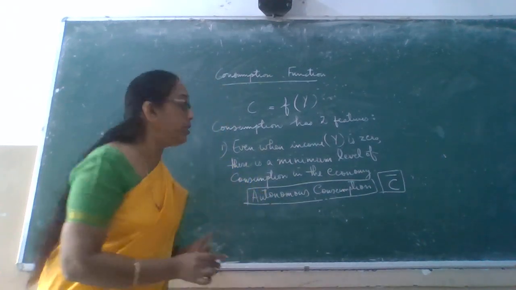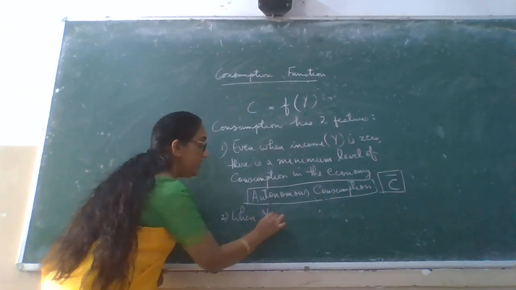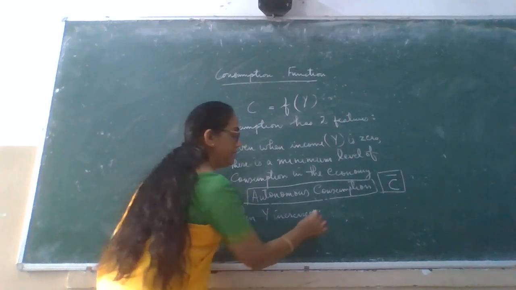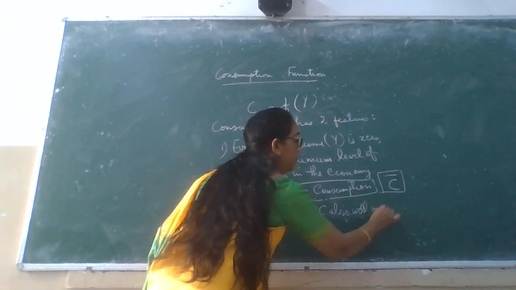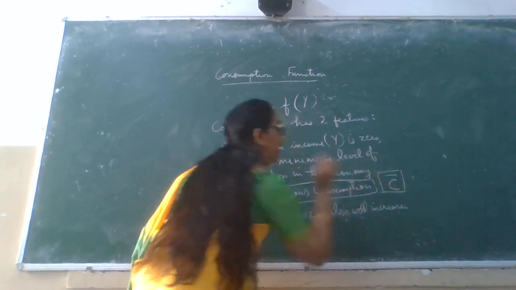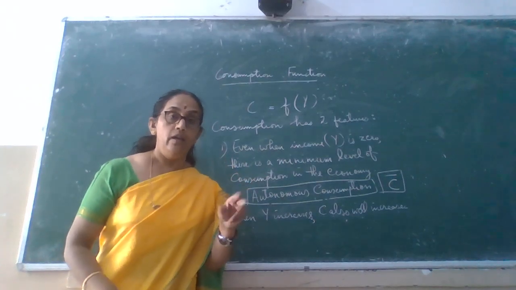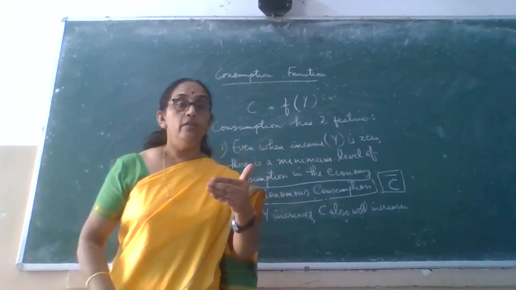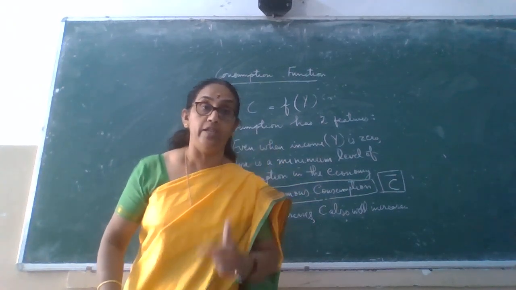Now, the second feature of consumption is when income increases, consumption also will increase. This is the second feature of consumption. That is also very true. When our income increases, we start spending more money on our consumption.